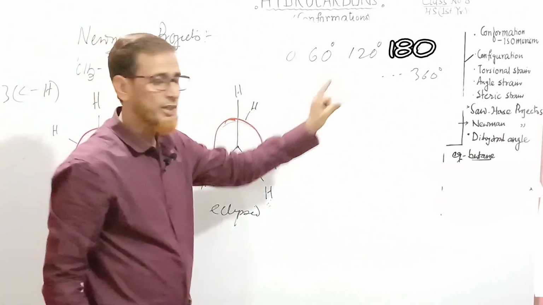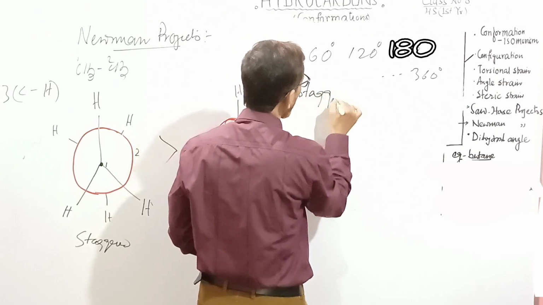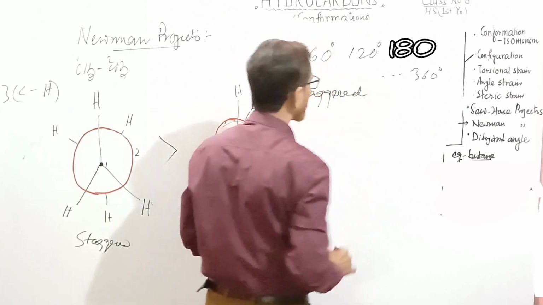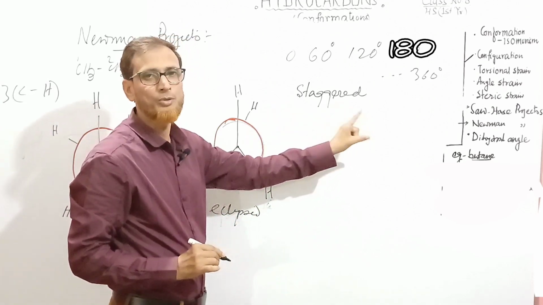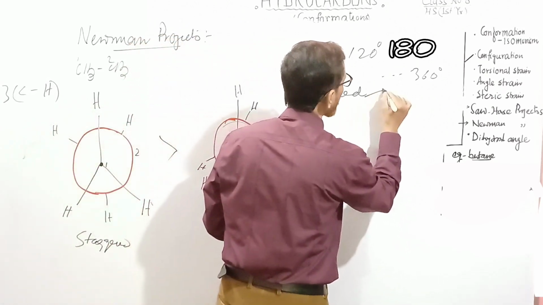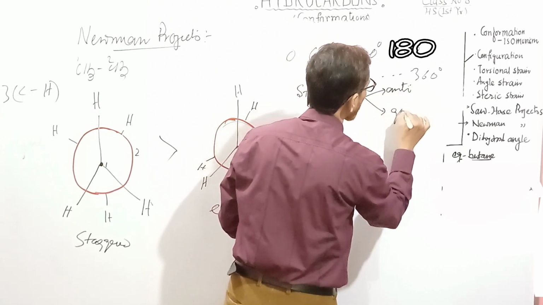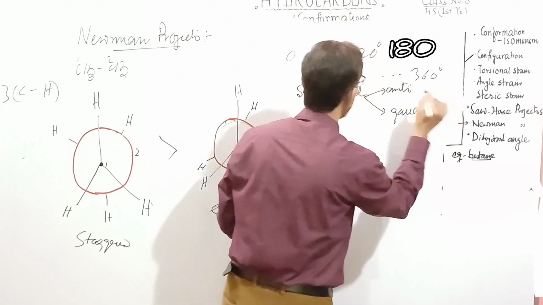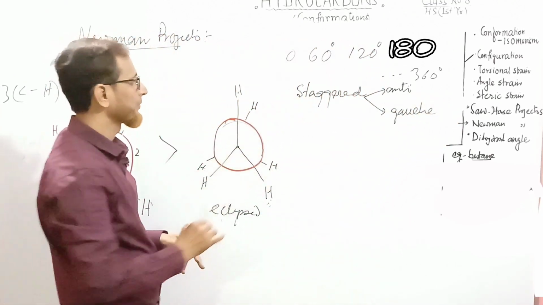So out of this rotation we will get staggered, a very important thing, follow minutely, staggered. Again in staggered there is something more. Staggered may be anti-staggered and maybe Gauche staggered. We will get 3 structures, we will show you later on.